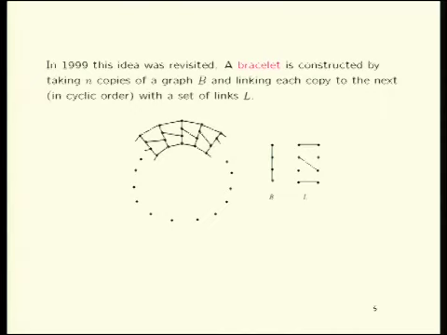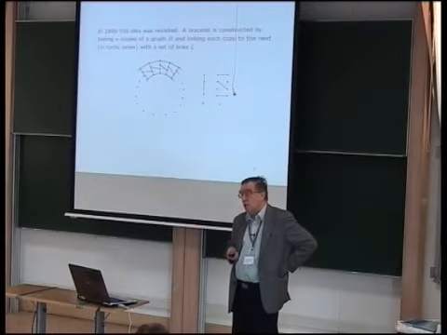Of course, you can do variations on this. You can put twists in and so forth, and variations of that kind are worth studying, but for the purposes of the talk, it's just going to be the simplest case.